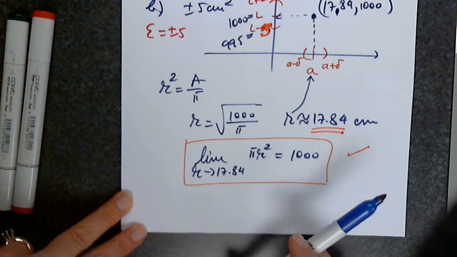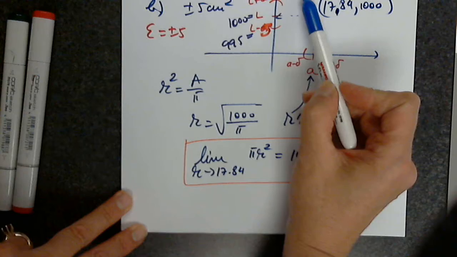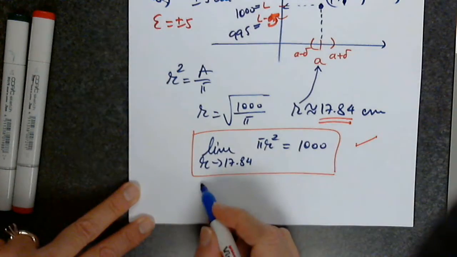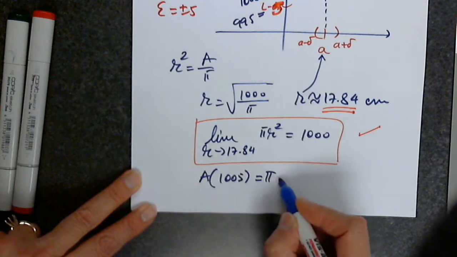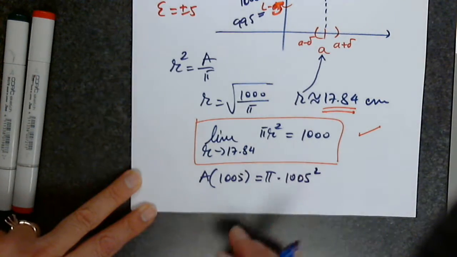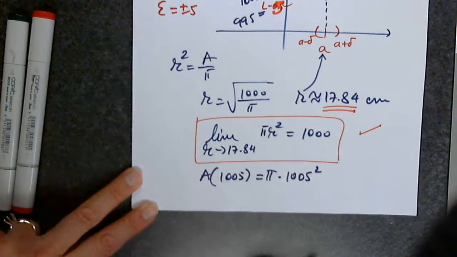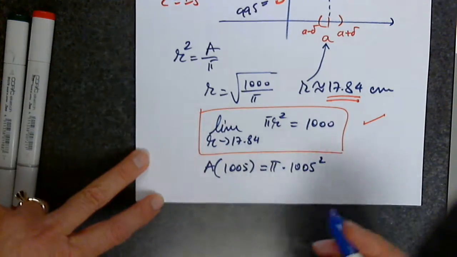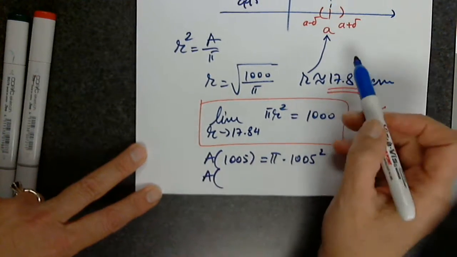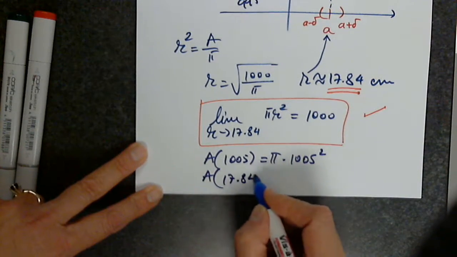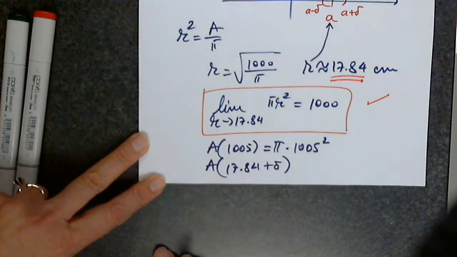Plug in 1,005 to pi r squared. Yes. So you want to plug 1,005 into pi r squared. Okay. So the area of 1,005 will be pi times 1,005 squared. And that should be the same with the area at 17.84 plus delta, right?